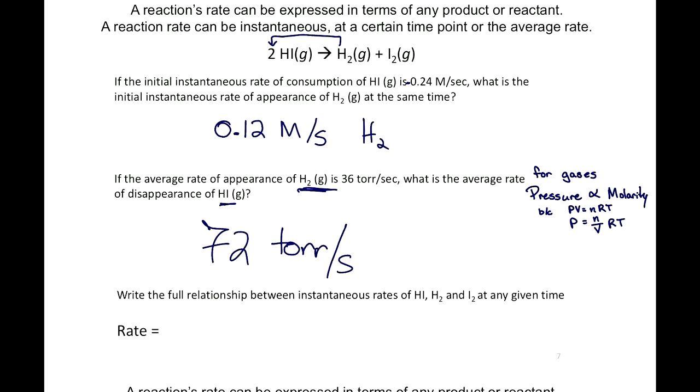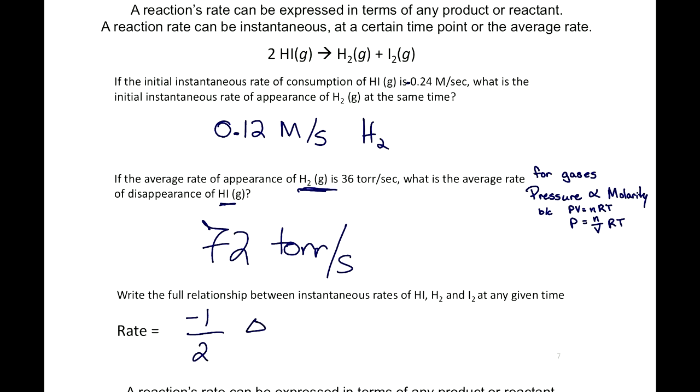Let's write the full relationship with everything again. This is just how we relate all of the values in the same line to make them equivalent. Reactants get negative signs, and coefficients go in the denominator.